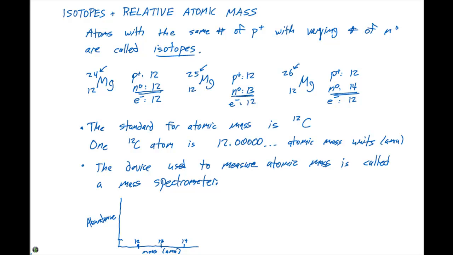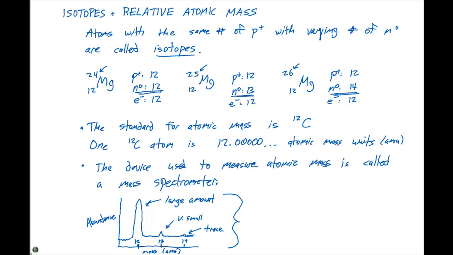And what we would typically see is a graph that looks something like this. We have a large amount of carbon-12, a very small amount of carbon-13, and a trace amount of carbon-14.